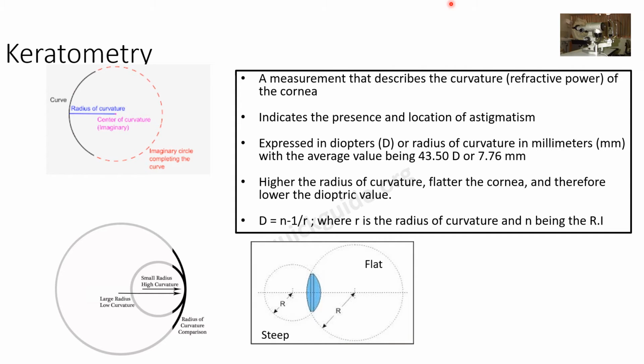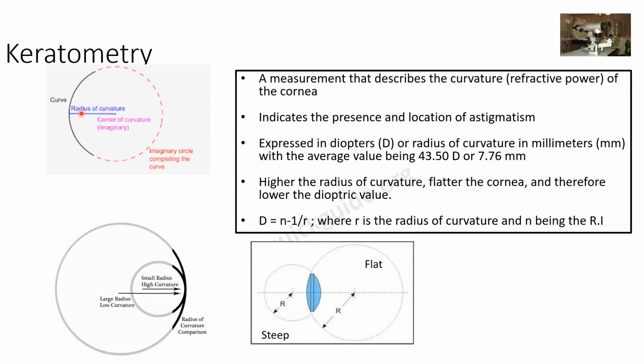What it measures is the radius of curvature of the cornea. What is the radius of curvature? If you take this as a circle, as a sphere, then this is basically the radius of curvature. The cornea is taken as part of the sphere and its radius of curvature is calculated first.